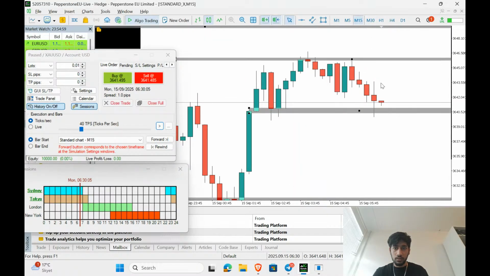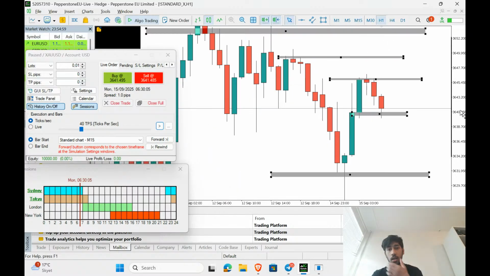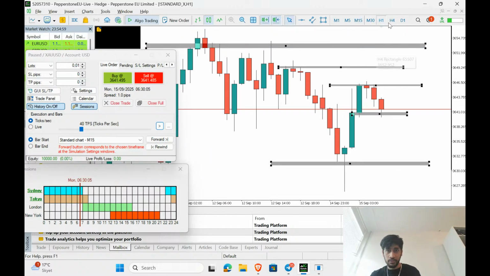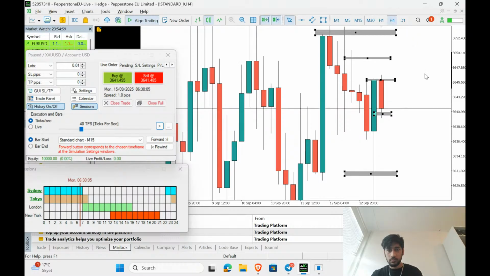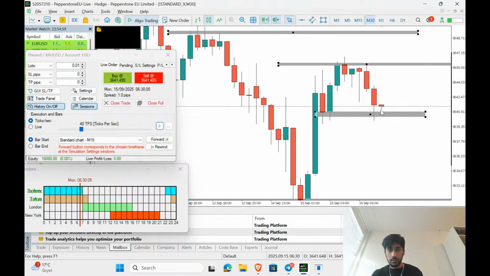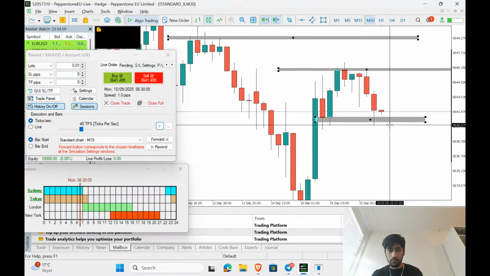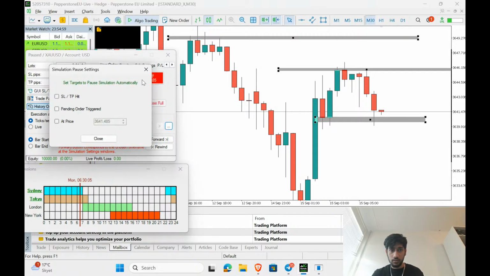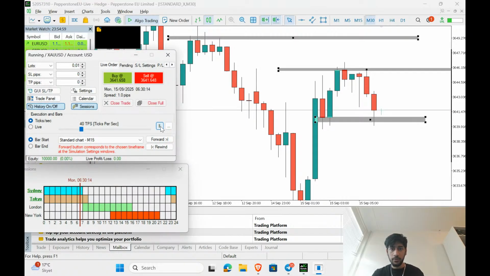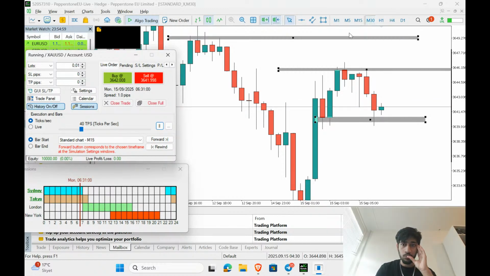So this candle rejected the support, but on H1 we have this clean range, right? So if we can break below that low, then I think we can move down. But I think we will not.